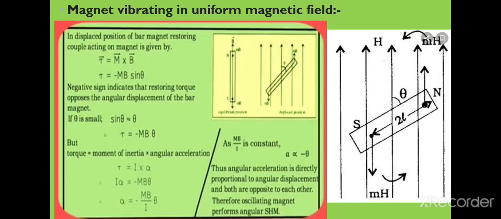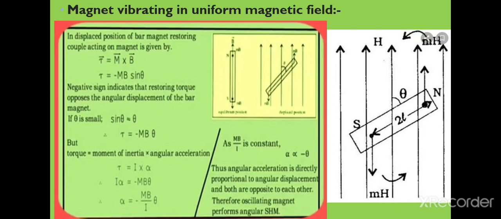If theta is very small, then sin theta is nearly equal to theta. Therefore, the equation of torque is tau is equal to minus MB into theta. But torque is equal to moment of inertia into angular acceleration. Therefore, tau is equal to I into alpha, where I is the moment of inertia and alpha is the angular acceleration.